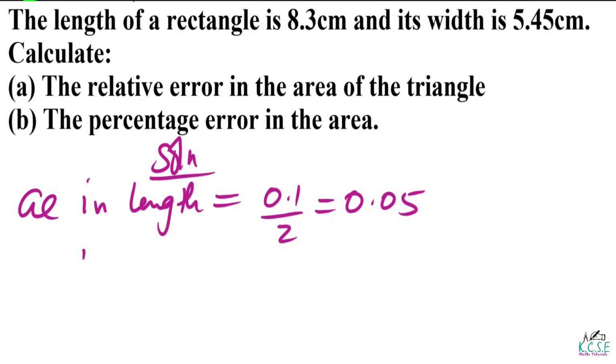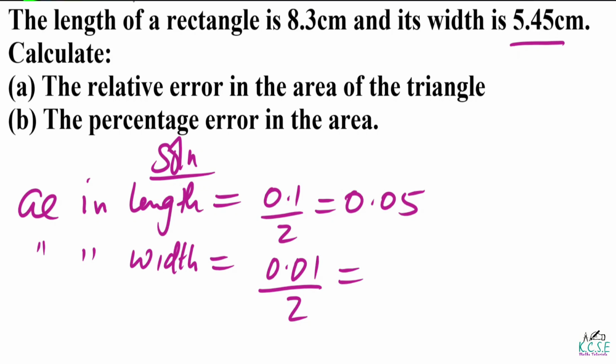Then the absolute error in the width: the least unit of measurement for the width is 0.01. So divide this one by 2, you get 0.005. That is the first thing we are supposed to do.